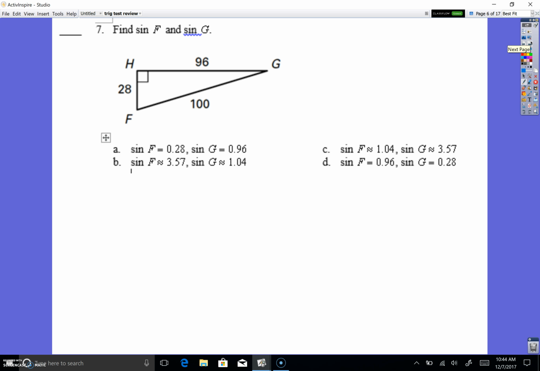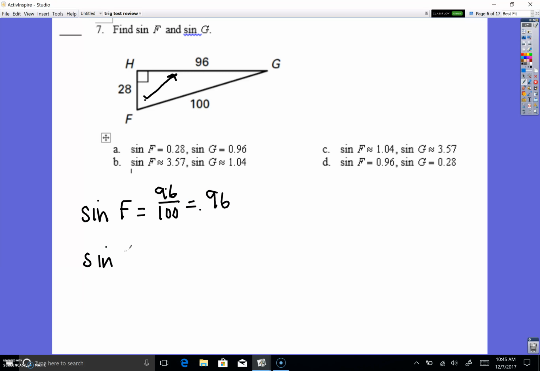Number 7. Find sine of f and sine of g. Remember, sine is opposite over hypotenuse. So opposite is here. So sine f is equal to 96 over 100. 96 divided by 100 is 0.96.